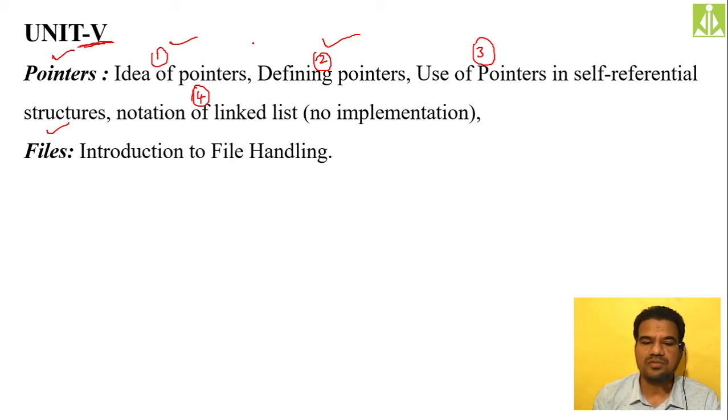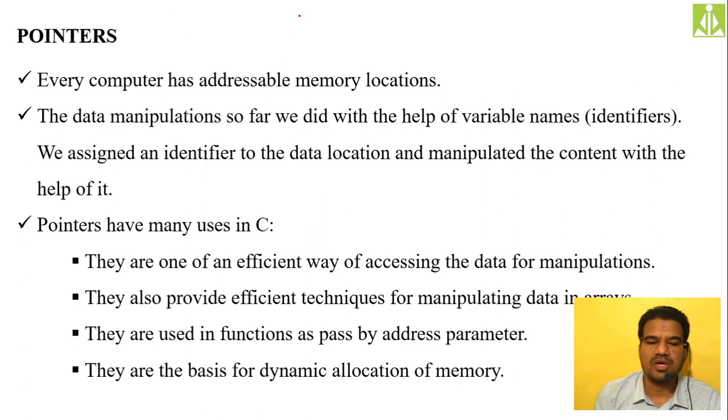So before the discussion of the fourth unit, here we will discuss only the first and second concepts from this fifth unit. Quickly, we need to know what exactly a pointer is, and after that we'll see the other uses of these pointers in C programming.